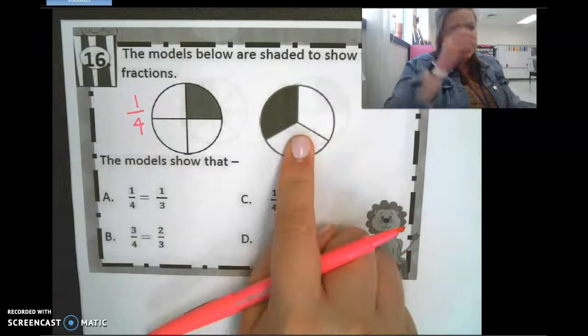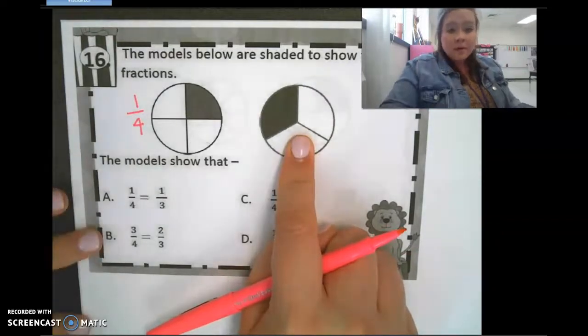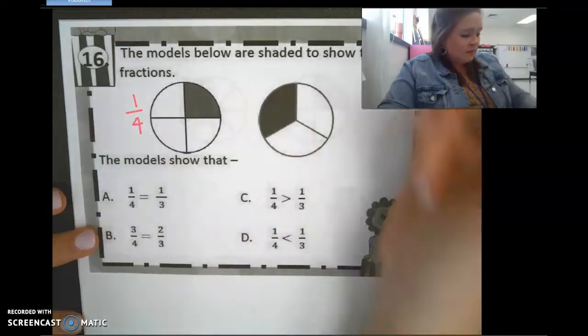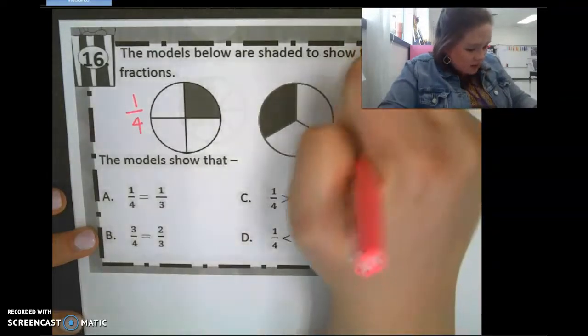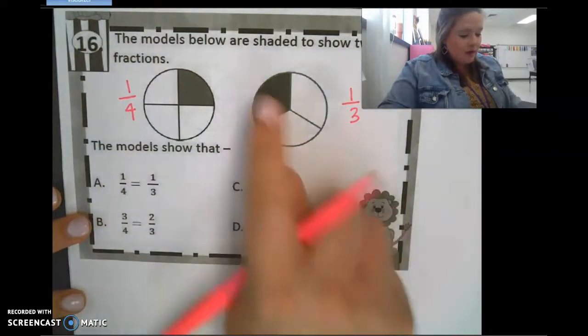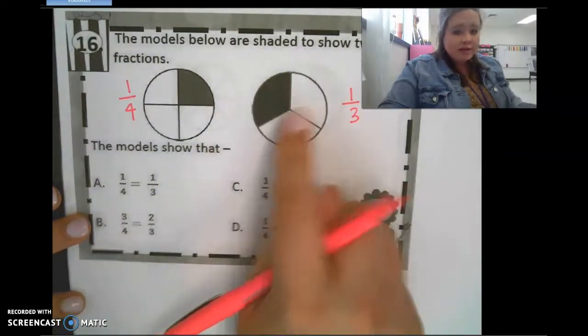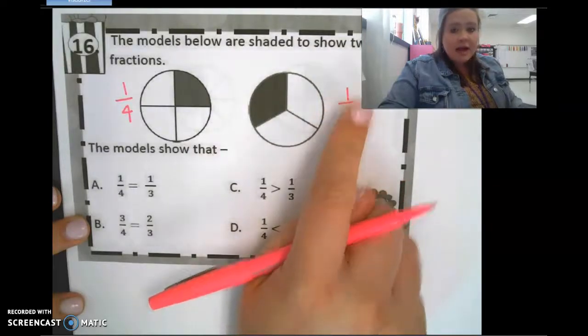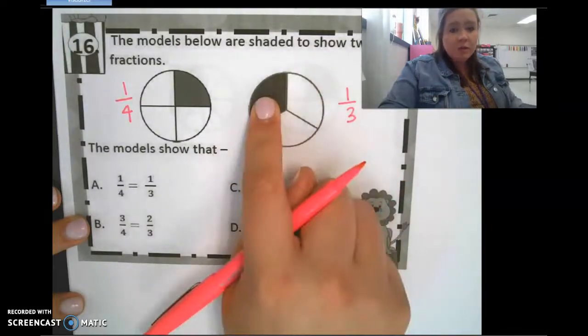What is this fraction? Good. This fraction is 1/3. You have 3 total parts, which is your denominator, and you have 1 part shaded, which is your numerator.